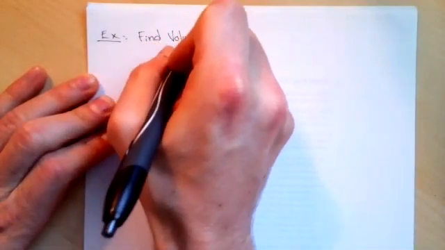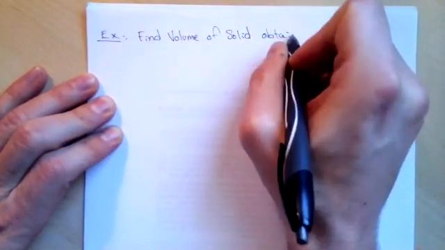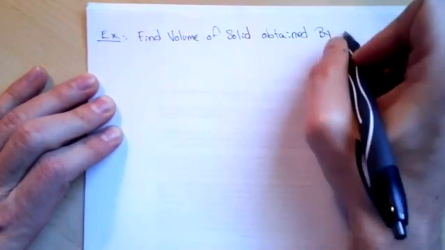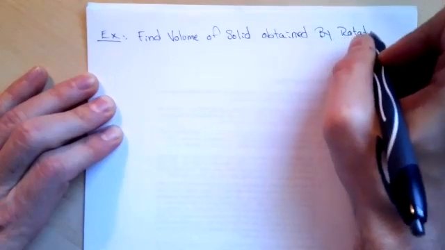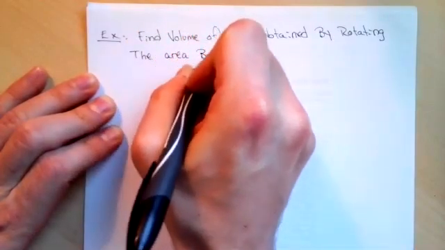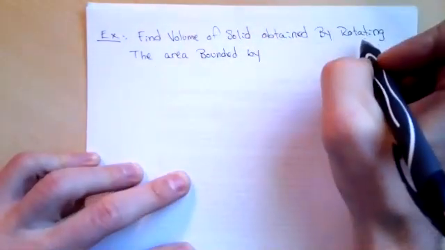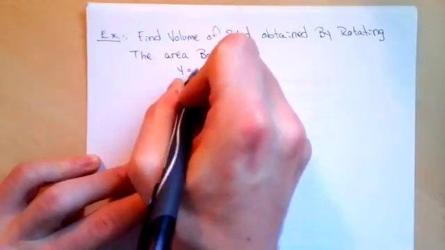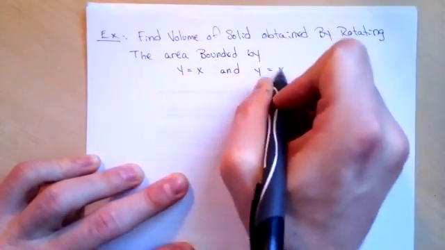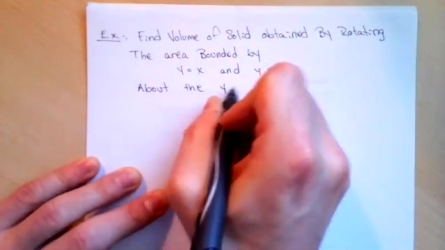So we want to find the volume of the solid obtained by rotating the area bounded by y equals x and y equals x squared about the y-axis.